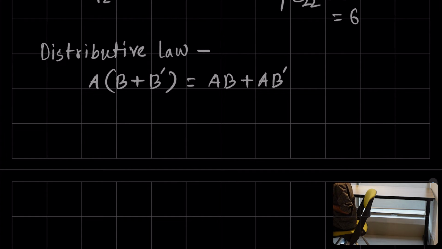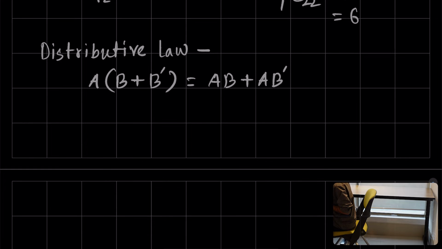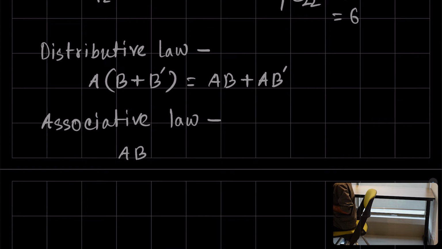And the second is the associative law. The associative law is like (AB) times C equals A times (BC).